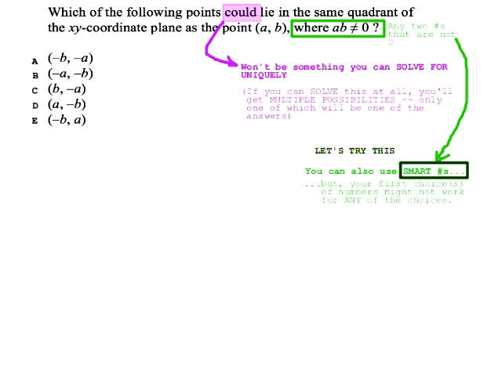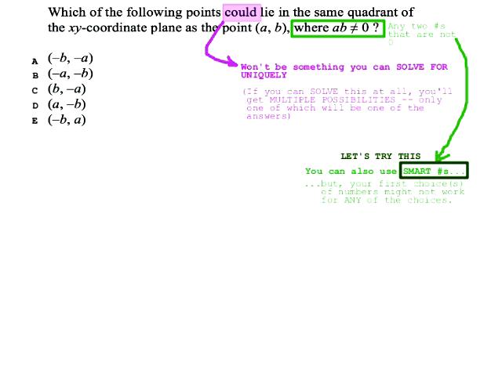Let's not use the same number twice, because if you look at these answer choices, it's probably pretty clear that that's a bad idea. If you use 1 and 1, then choice C and choice D are the same, and also choice A and B are the same too. Those would both be -1, -1, and these would also be 1, -1.